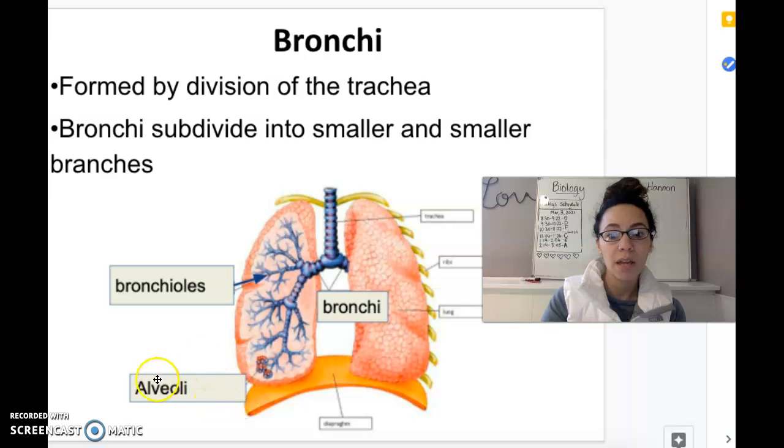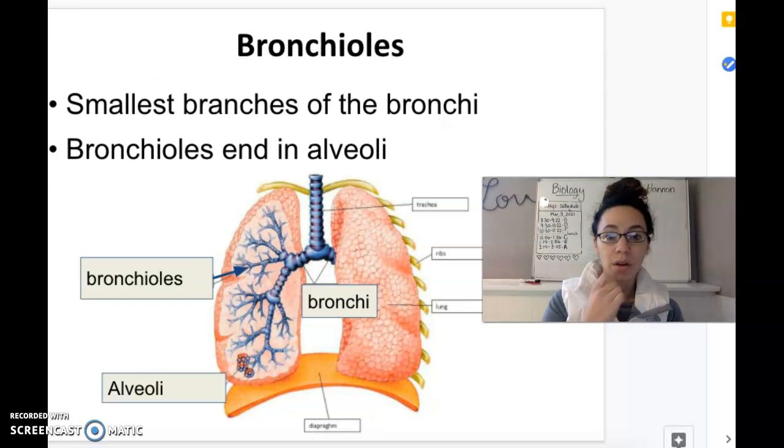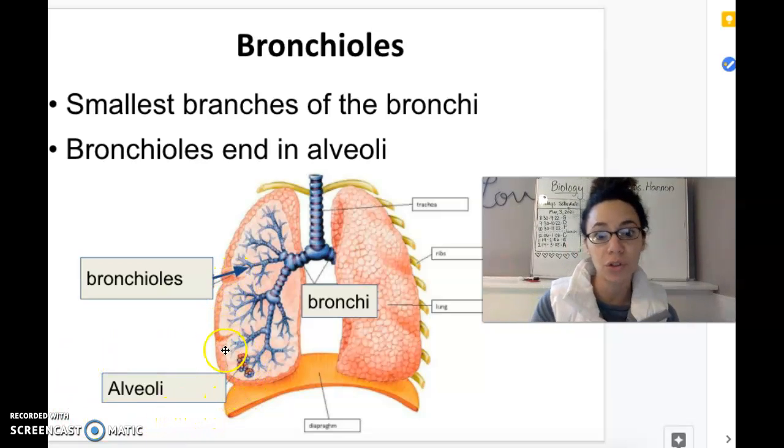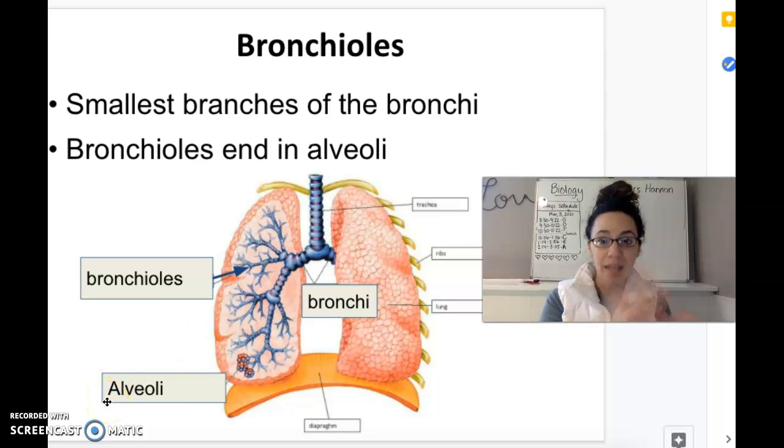And at the very end of the bronchioles are something called alveoli. So we'll look at those more closely in a second. So again, these are really small branches of the bronchi, and each of them ends with alveoli. These are the functional units of the lungs. This is where the gas exchange is actually happening, the important stuff.